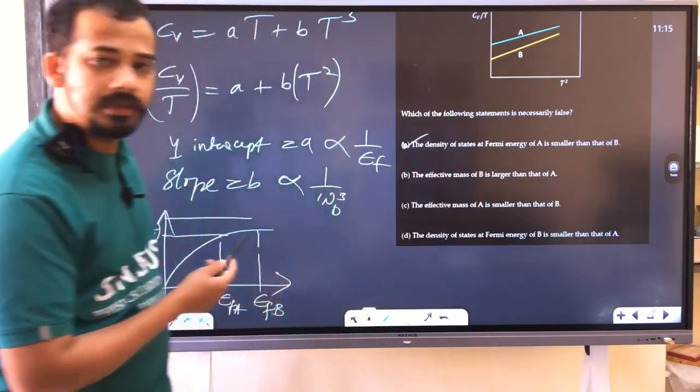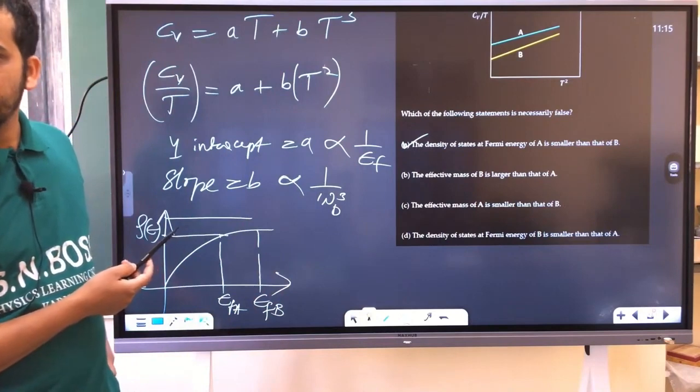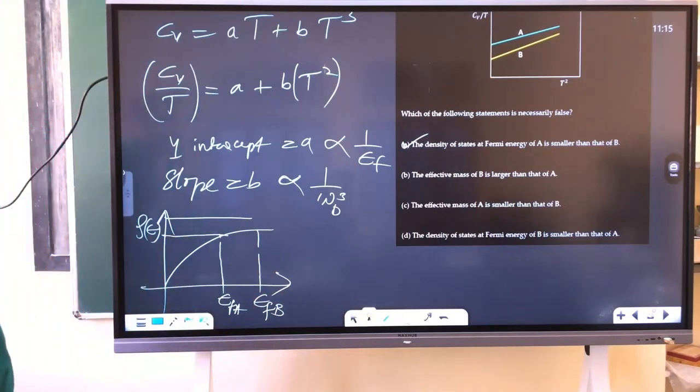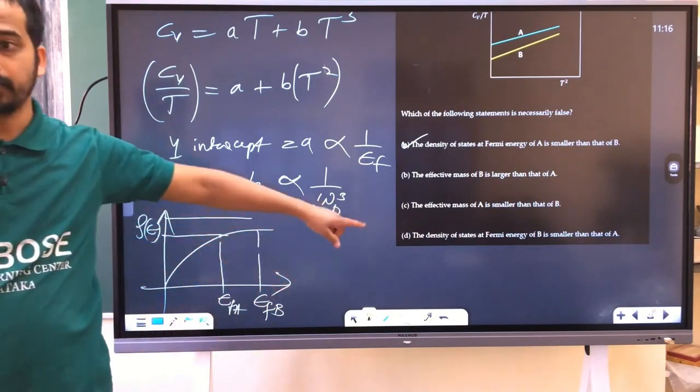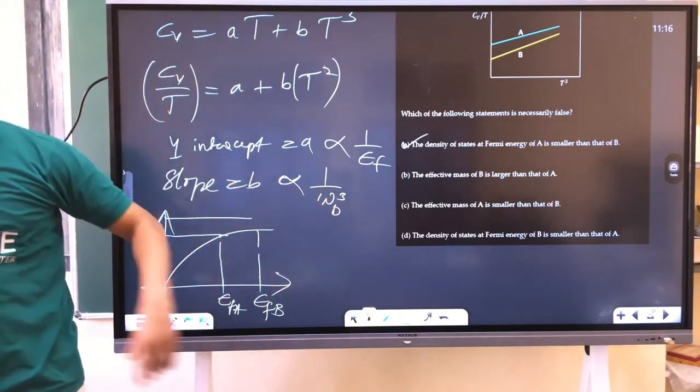Is it multiple answer? Not multiple answer, but effective mass is also included. The answer is A, that's right. If it were multiple answer, we would be in trouble because you should know the effective mass concept also.